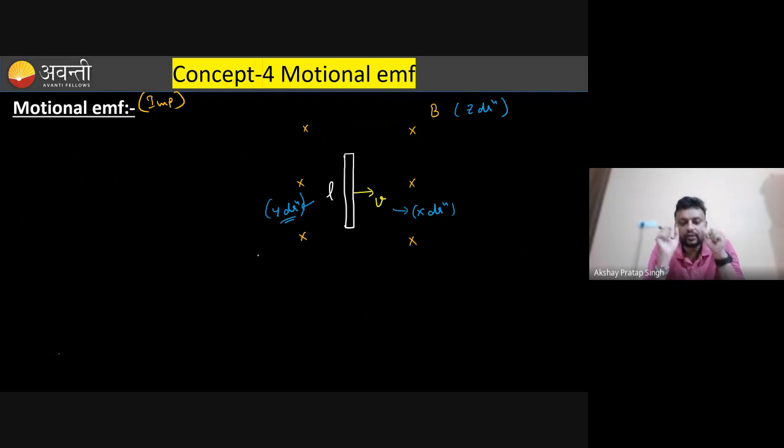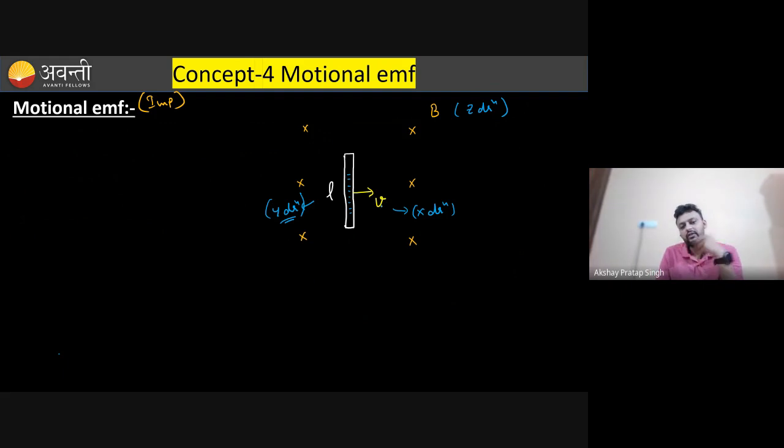Now, after some calculations, I will get some EMF. So one thing that you should understand, when a conductor moves in a magnetic field, a potential difference is created across its ends. How this potential difference is created is based on the principle of force on a moving charge. The conductor has some electrons, like these electrons.